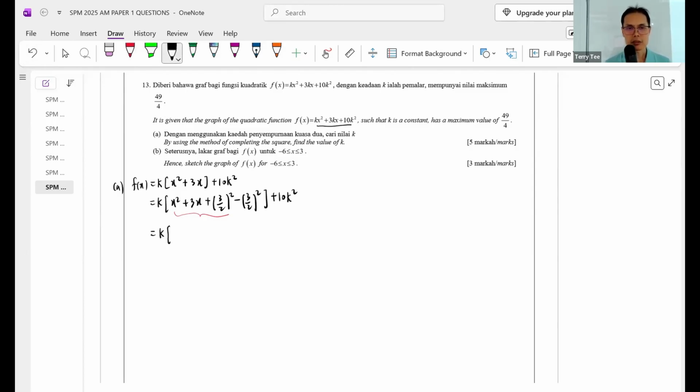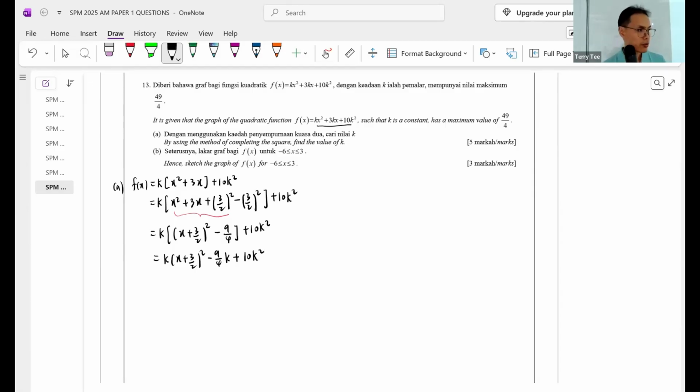You get k times (x plus 3/2) squared, 3/2 squared is 9/4, plus 10k squared. Next, the k, I multiply in one by one. I get k(x plus 3/2) squared minus 9/4 k plus 10k squared.